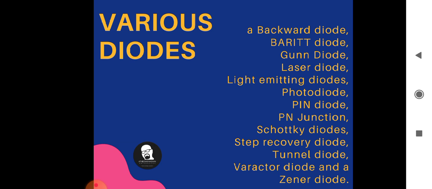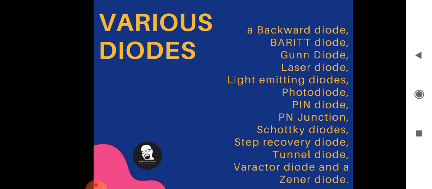As I told you, in forward biasing the diode will work as an on switch, and in reverse biasing it will operate as an off switch. So basically it is used as a switch, or it is used for amplification purpose. Amplification means to increase the strength of the signal.